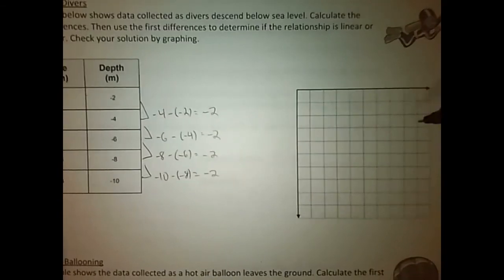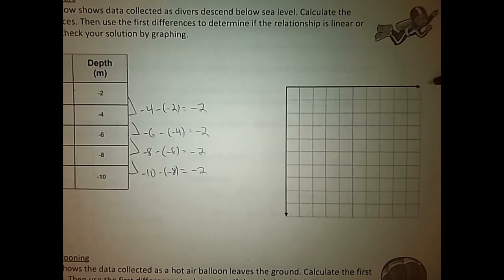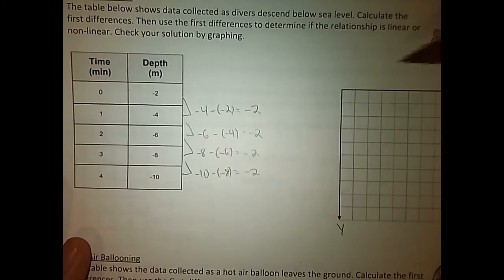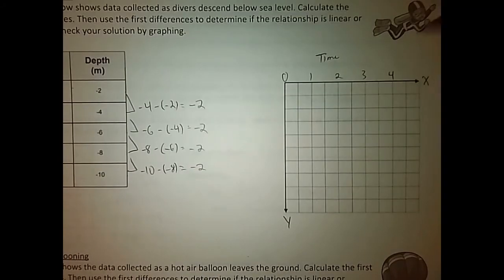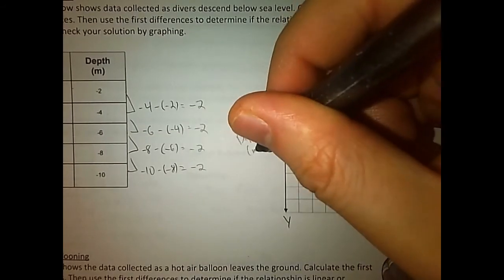So here our graph looks a little bit different. We're actually using a different quadrant in our Cartesian plane. The horizontal is still the x values, and the y values are still the vertical ones. So we're going to have time as the independent variable, 0. We'll do every other line as maybe 1, 2, 3, 4. Also, I should put my units, which is in minutes. Here we're doing depth in meters.